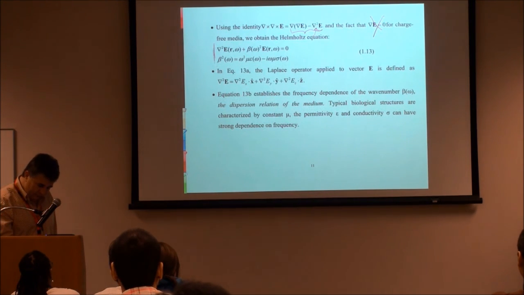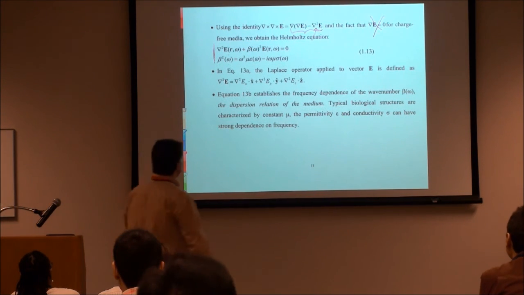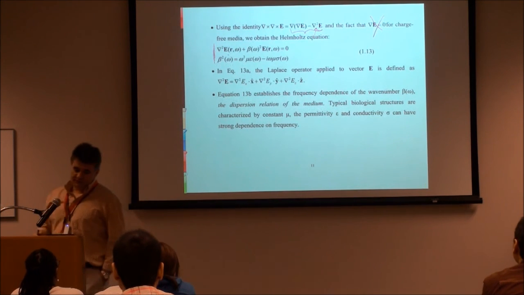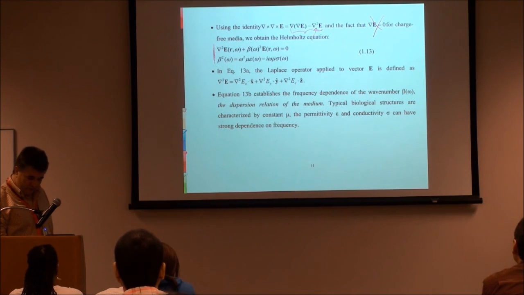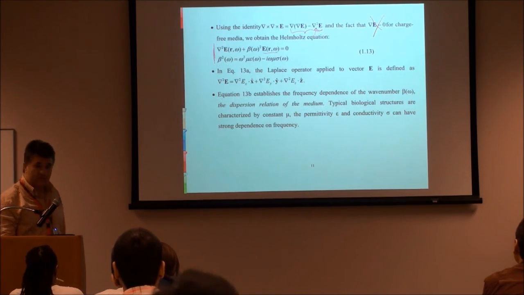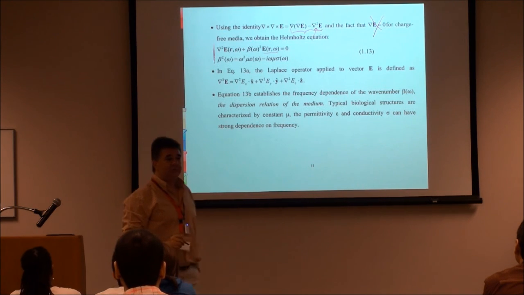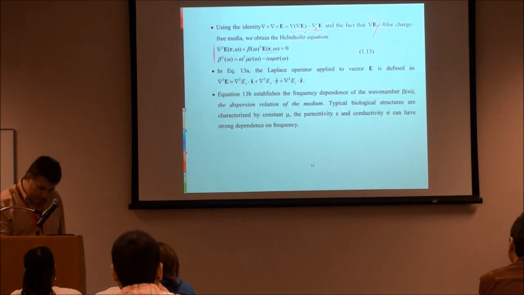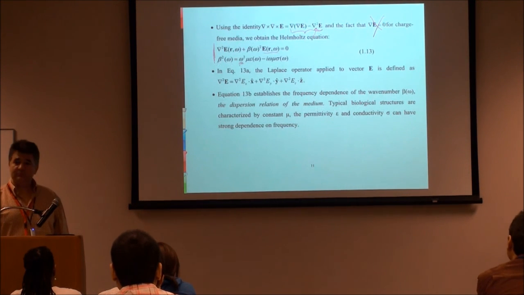I'm sure you've done that before. So we end up with an equation that's particularly nice and easy. Laplacian of E plus something, beta squared of omega, times E equals 0. So you see there is no time derivative. Why? Because in the frequency domain that gives you omega squared, which is right here.